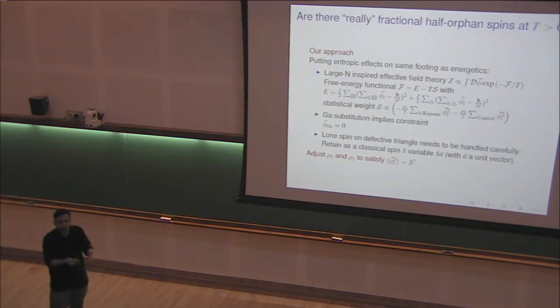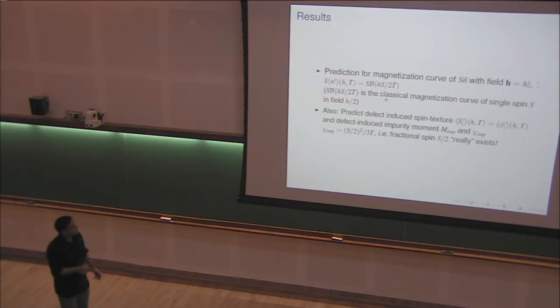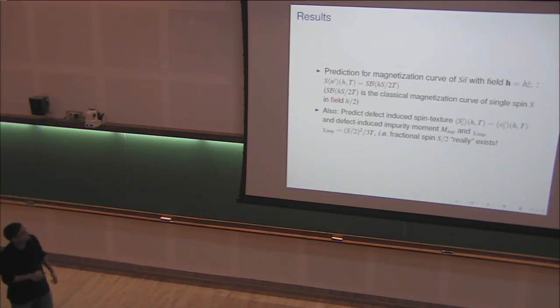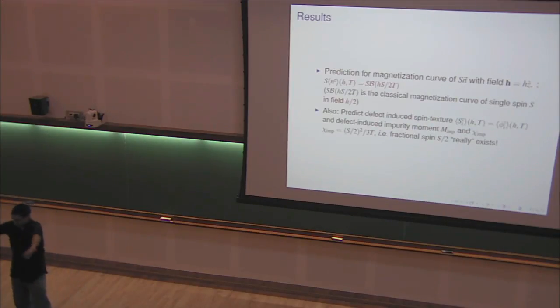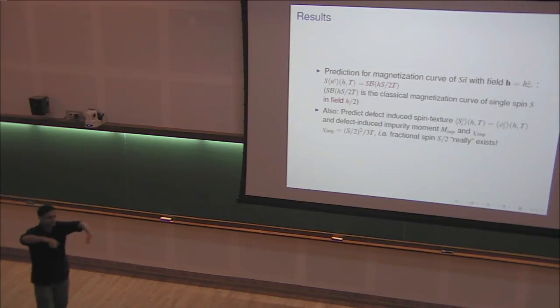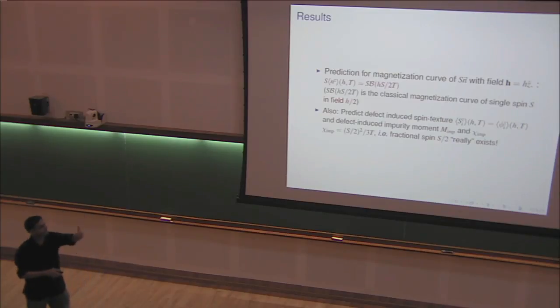And you then ask what the physics is of the magnetic response of this system. And it turns out that you can actually do the full calculation and you can make the following simple observations in the low temperature limit. The lone spin behaves like it sees a field H over 2, not H, if you apply a field H. And then it creates the spin texture in the nearby spin liquid, which kills half the moment generated by the local spin.